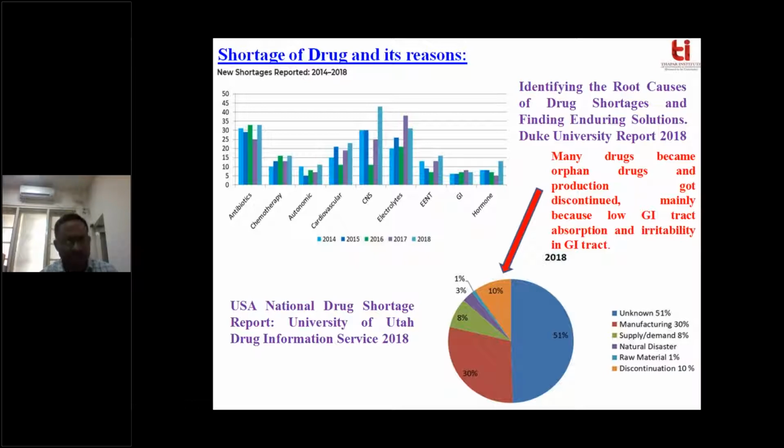And not only for antibiotics, there are other diseases where we need this kind of support. We need new drugs, but making a new drug takes around 15 to 20 years, at least 10 years to come to the market, unless you have a COVID situation, obviously. Because of COVID, some drugs we are expecting to come to the market within 1 to 2 years, but that's not the general scenario. You don't get approval of a drug within 1 to 2 years in general.